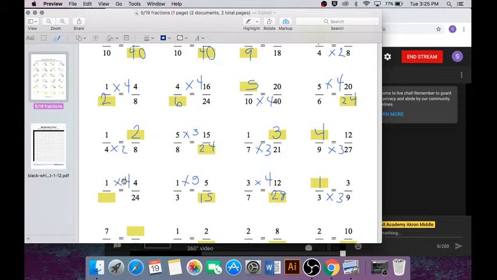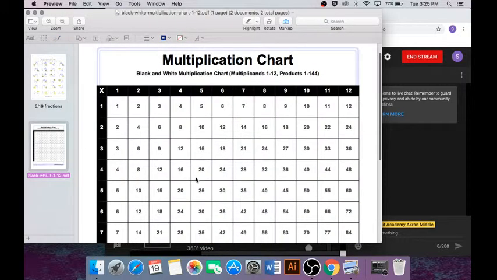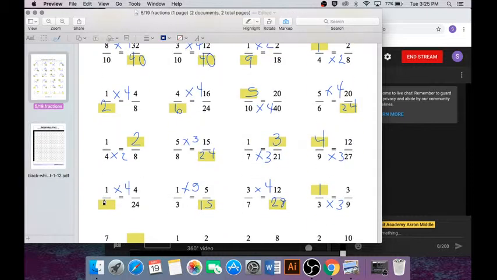So we're going to use our 4 times table to find 24. So in our 4 times table, 24 is right here, and we see that 4 times 6 is 24. So our first denominator is going to be 6. 1 times 4 is 4. 6 times 4 is 24.